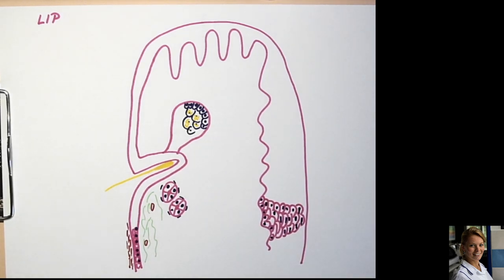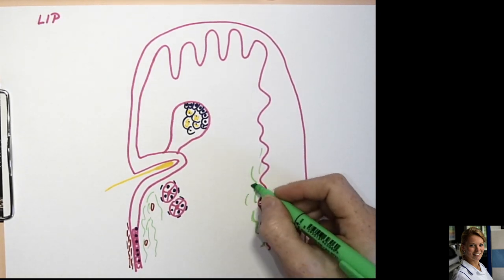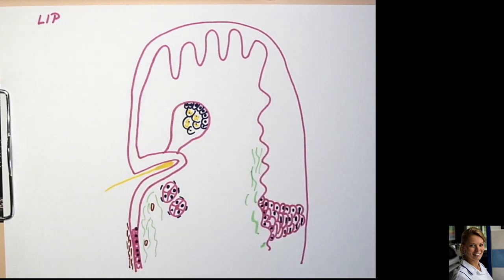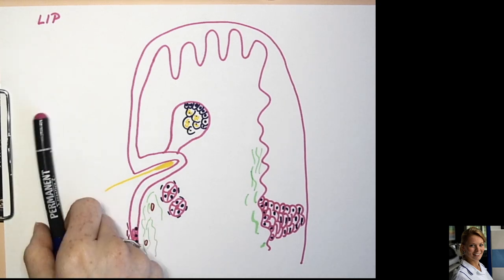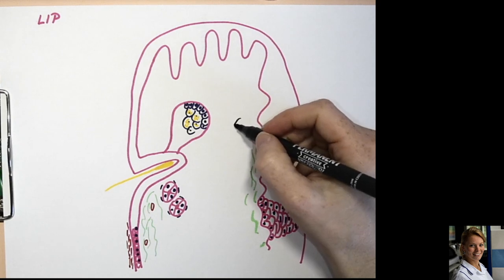And beneath the epithelium is also loose connective tissue with blood vessels and innervation. And in this part you can find seromucous glands.